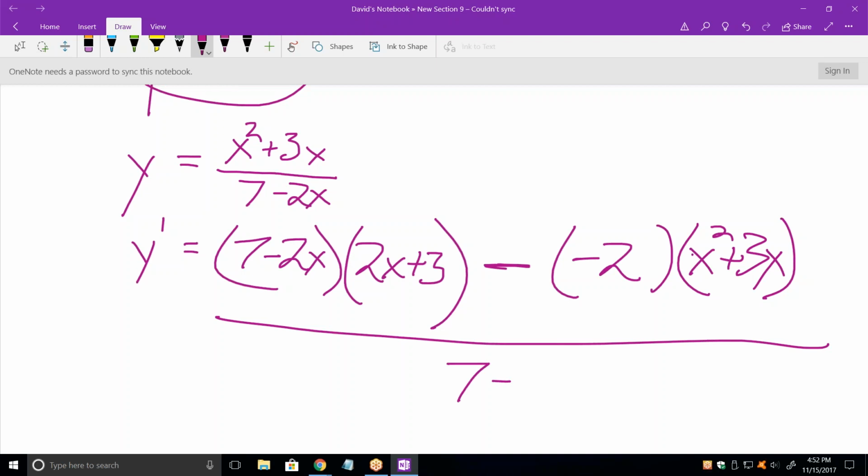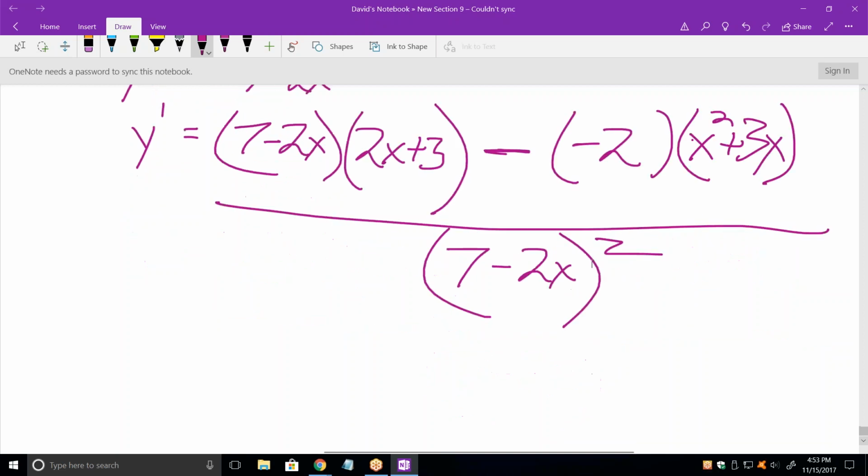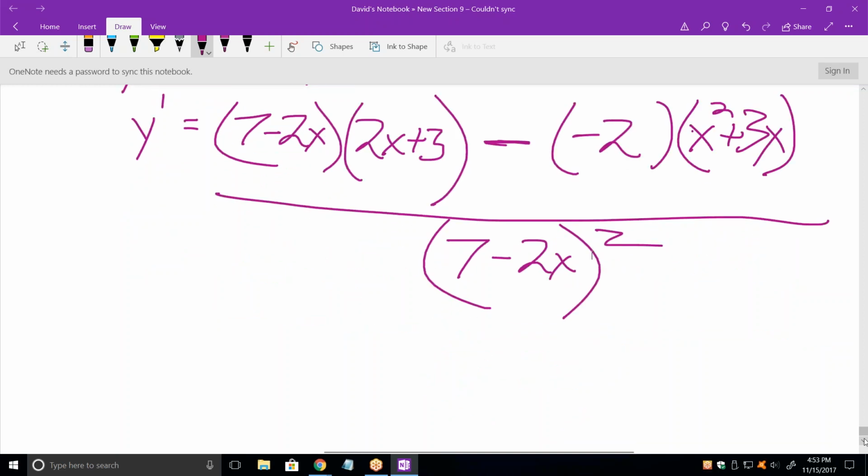And usually you don't want to multiply that out. You want to leave it like that. Frequently, you're going to end up with a term in the numerator that can cancel out one of these 7 minus 2x's. Not in this particular problem, but frequently. And so you don't really gain anything by multiplying the bottom out. However, the top, we're going to be able to simplify that numerator quite a bit. So we do want to multiply the numerator out. I'll show you why here.